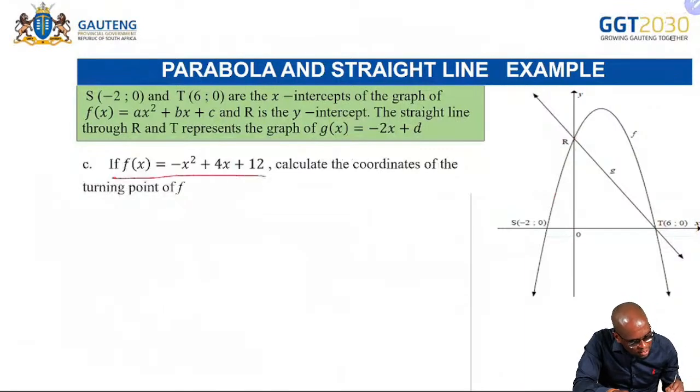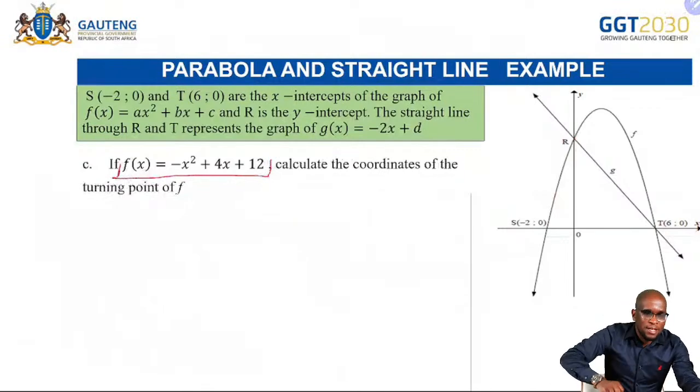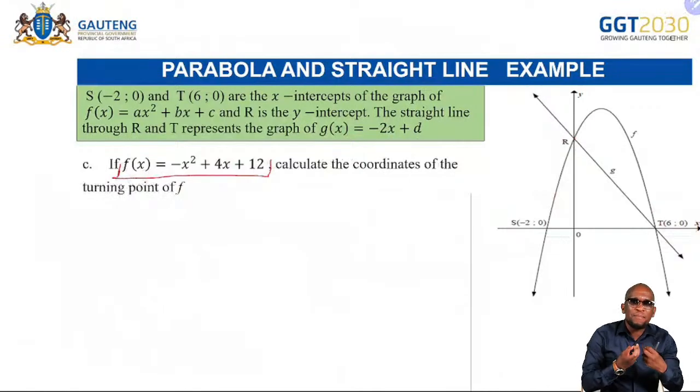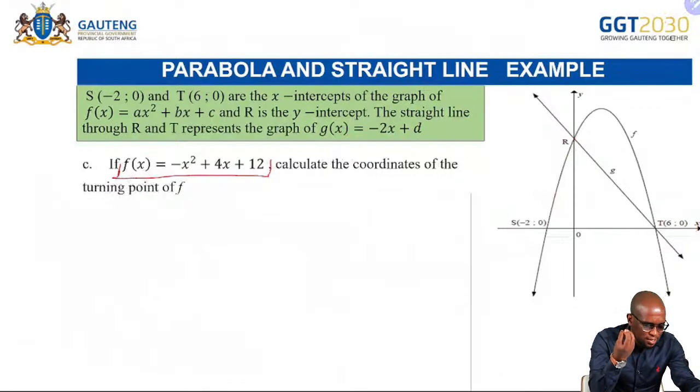If you see now, the examiner is trying to show you that, of course, the answer to the previous question was correct, because they are giving you the answer there: if f of x is minus x squared plus 4x plus 12, calculate the coordinates of the turning point. Now, there's something I want to talk to you about here. This examiner has given you the equation.